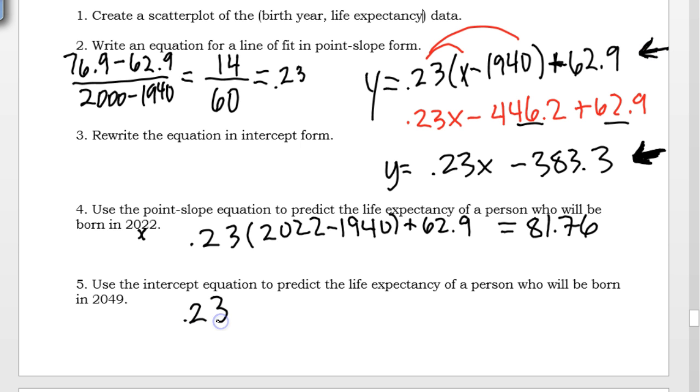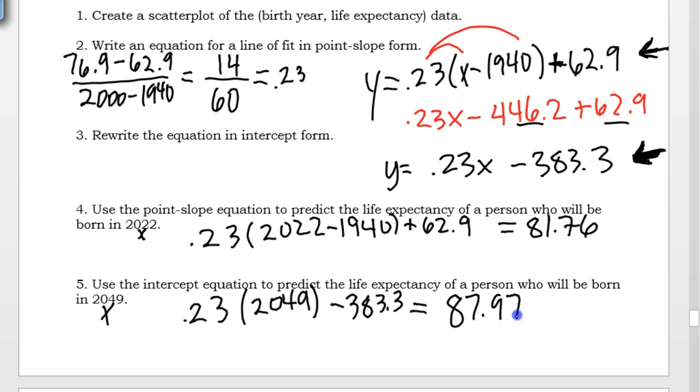But either way, we're still going to substitute that value in for x. And I get 87.97. Basically 88 years old.